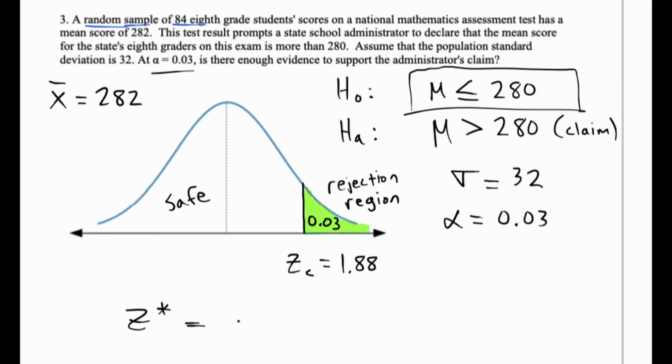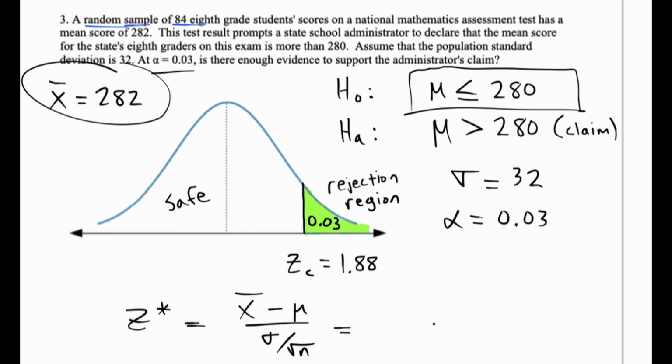Next, I need to calculate the Z star. That is the standardized test statistic. Then we can compare it to Zc. Formula is x bar minus mu over standard deviation over square root of n. So x bar, our sample mean, is 282. For the mean, when you do the test, you assume that the thing that they're claiming is going to be the middle of your curve.